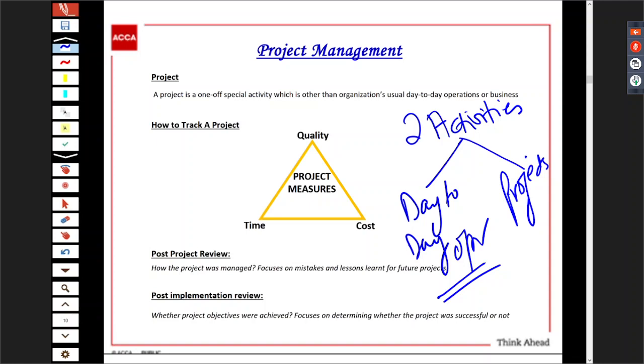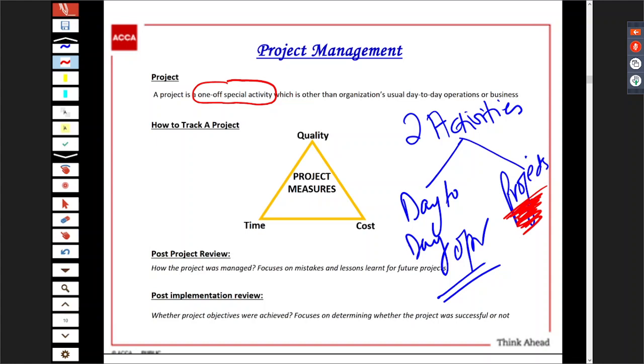This is all part and parcel of our day-to-day operations. But then what is a project? A project is a one-off special activity. That's the key word. A project is not a day-to-day recurring activity. It is always a one-off special activity, which is other than the organization's usual day-to-day operations or business.